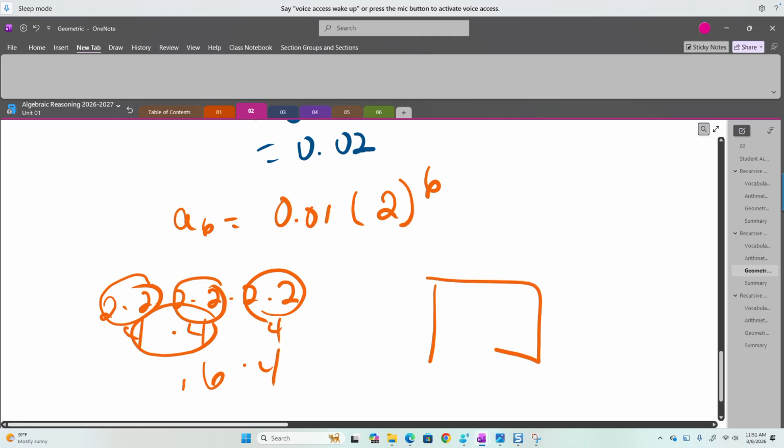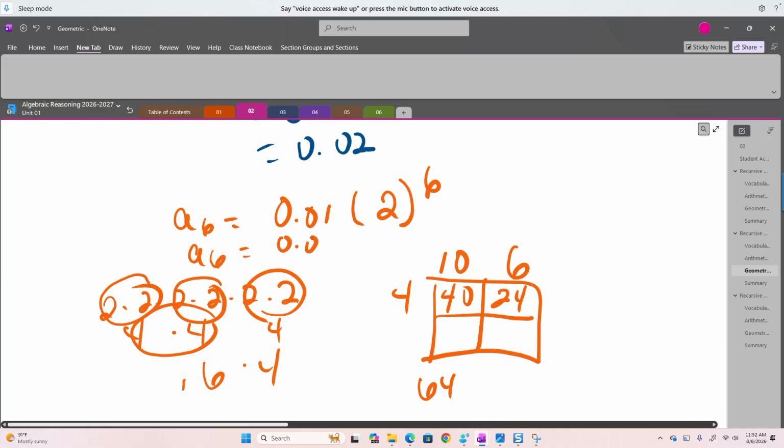So we're going to start learning a little method here. 16 times 4: 10 times 4 is 40, and 6 times 4 is 24. Add those two together, we get 64. So a sub 6 is 0.01 times 64. It's going to be 64 cents.